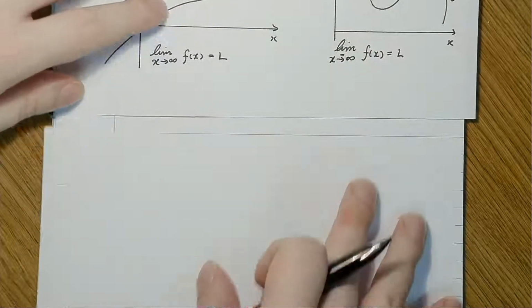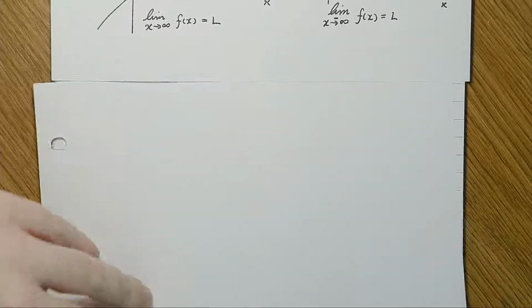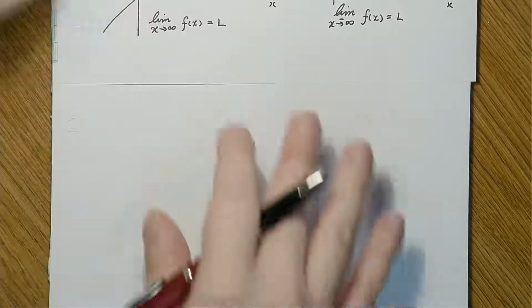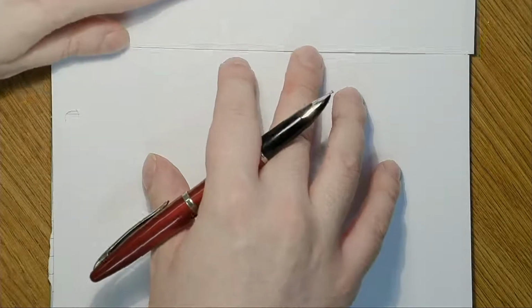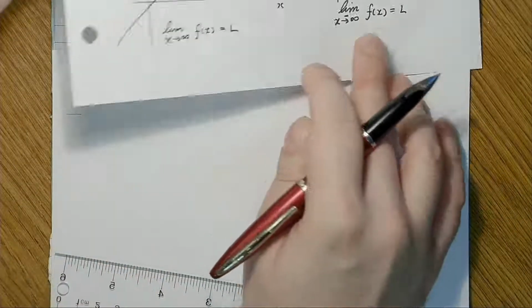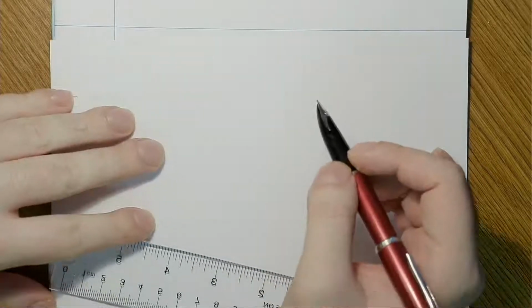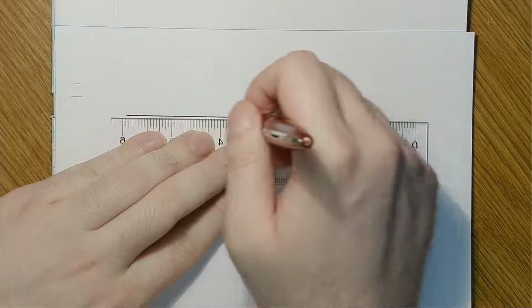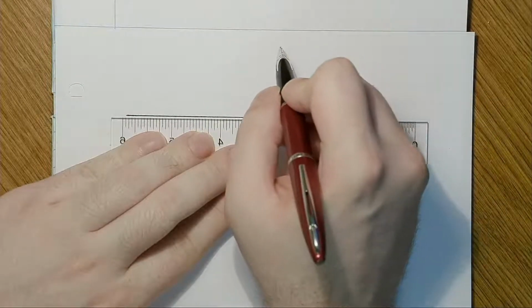You know, it can do lots of weird stuff. A horizontal asymptote. Okay. What's another one that we could do? And this is number 4.